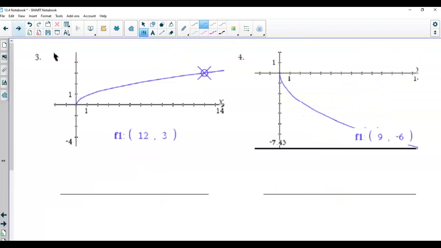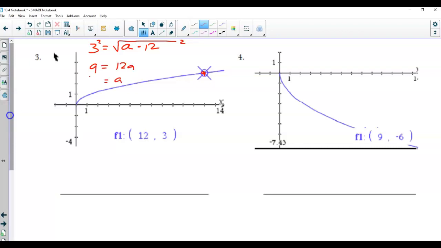Here are these last two. These look a little bit scrunchy, but I'm going to do the same thing, and I'm going to say my output is 3. What number do I multiply times 12 to get 3 out? I have to think more, which is why I like to think about solving equations. If I square both sides, I'm going to get 9 equals 12a.